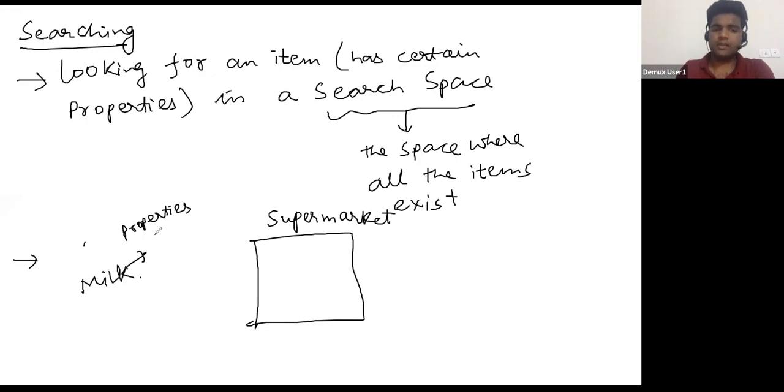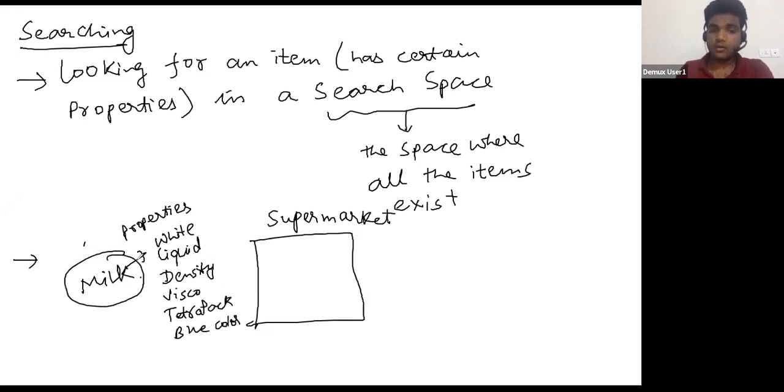It has a white color, it is a liquid, it has a certain density or viscosity, and it comes in a Tetra Pak which will be blue in color. You know certain properties of the item you are looking for. Then you enter the supermarket. So your supermarket is the search space, the space where you have to search for the item.